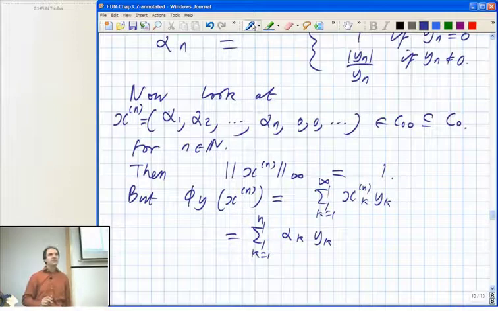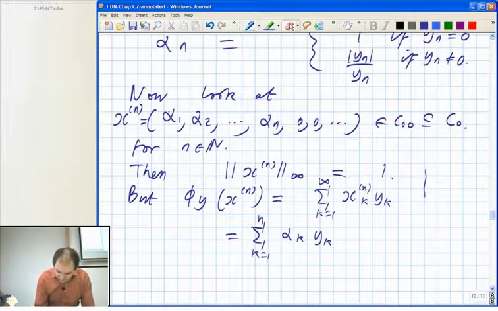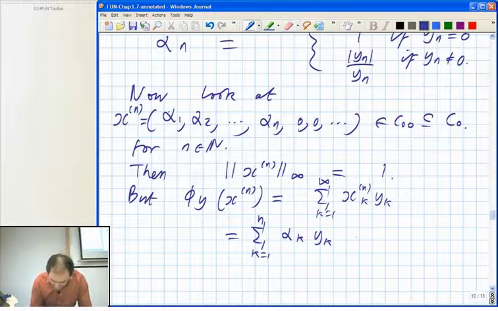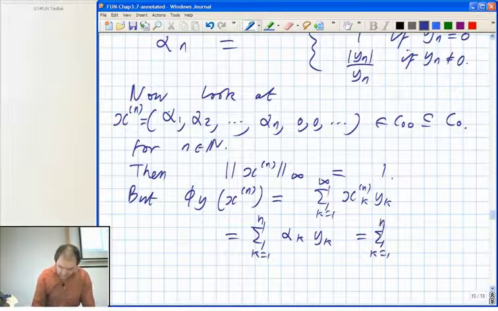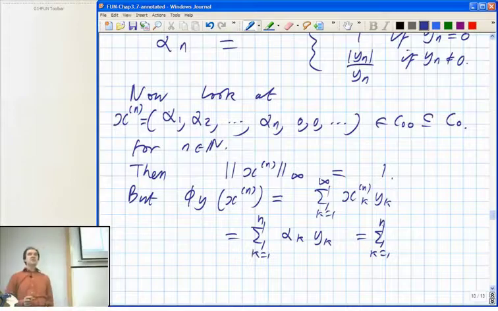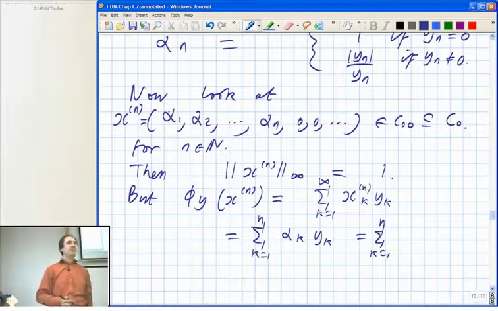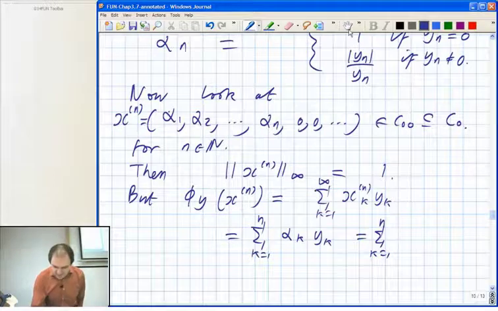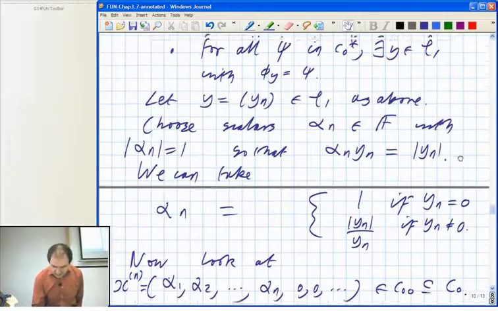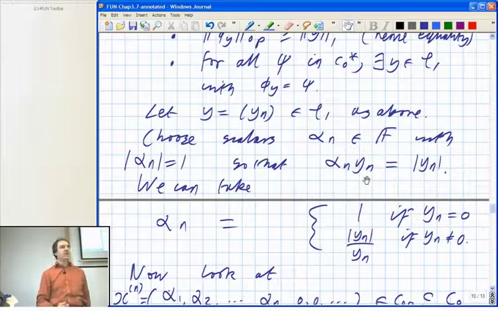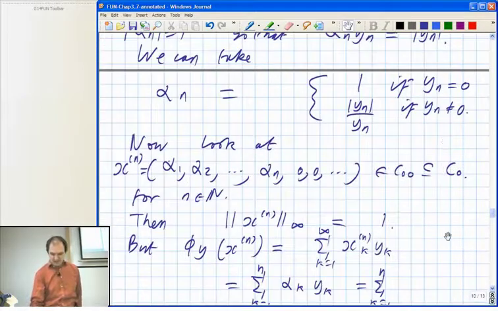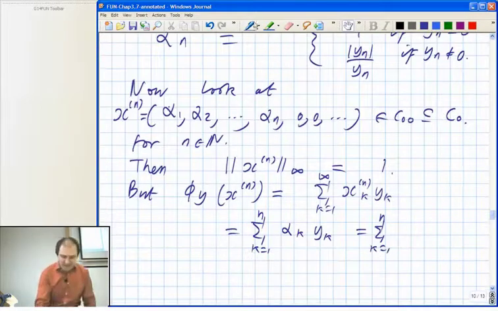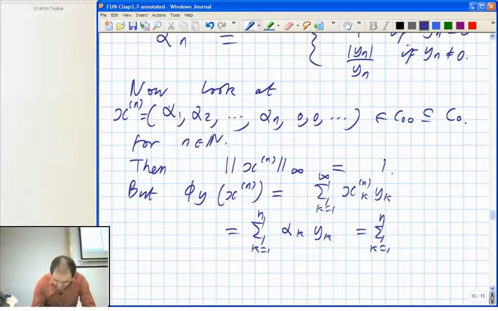And what's that? How do we choose the alpha k's? So that alpha k yk was equal to, somewhere further up, let's have a look, alpha n yn is mod yn. So alpha k yk, having swapped my notation around a bit, that's mod yk.